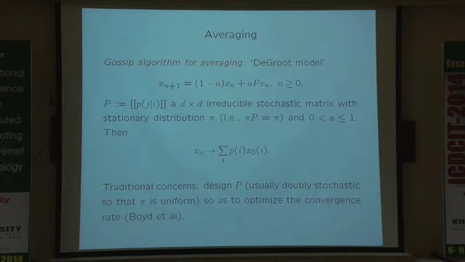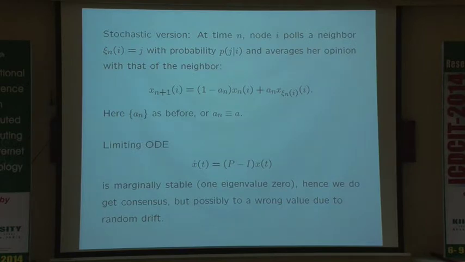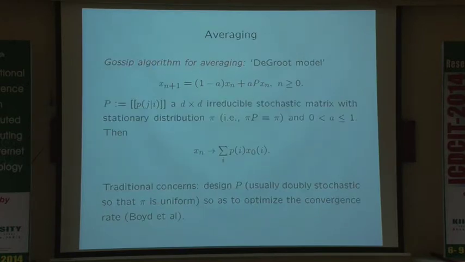The second eigenvalue, let's call it lambda, so mod lambda is what will dictate the rate of convergence. The problem was to design P so as to minimize that. Stephen Boyd and his students at Stanford did a lot of work on this. There's also a book by Devavrat Shah, who was a student there but is now at MIT. He did a lot more work.